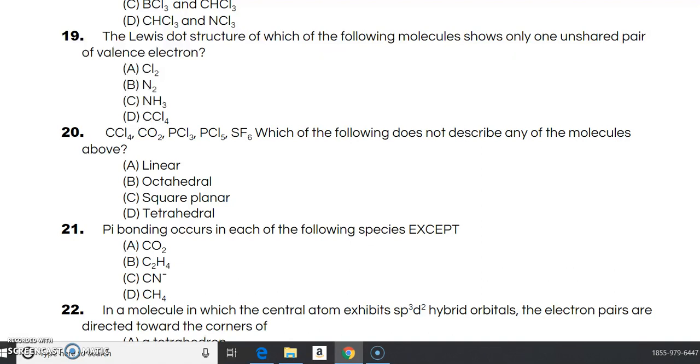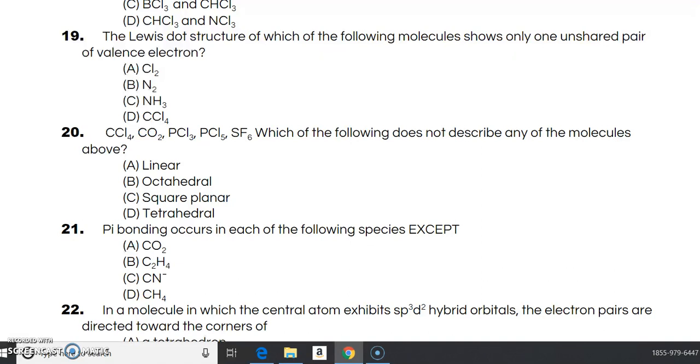Number 20. It gives you a series of molecules and wants to know which does not describe any of the molecules above. So you're going to have to draw them and then look at their VSEPR structures. And we see that carbon tetrachloride is going to have a tetrahedral shape. So that matches up. Carbon dioxide is going to have a linear shape. So that matches up.